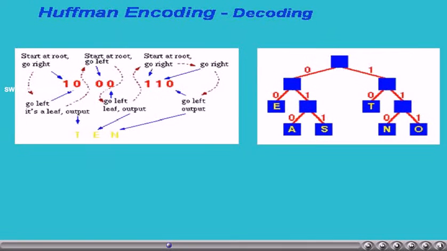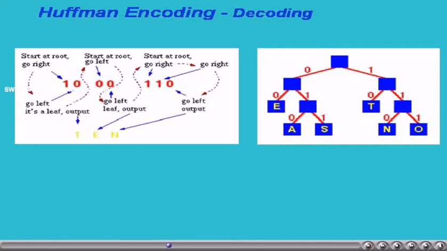Let us consider that we have received the data 1000110. We are interested in finding out what this message is. Thus, we start from the first bit, that is 1.